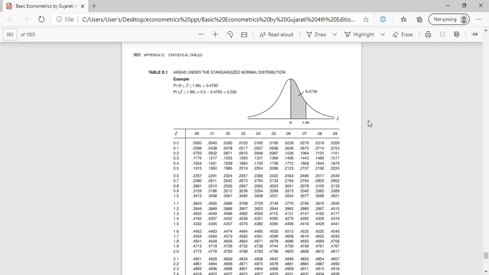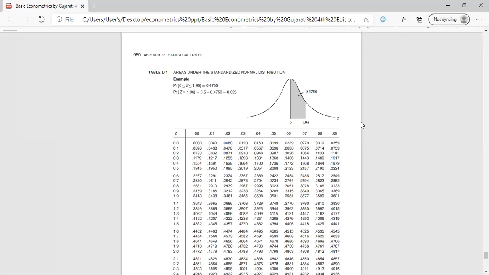Which area are we looking at? First thing, where is 2.5? On the right-hand side, after 1.96. It's to the right of 1.96.